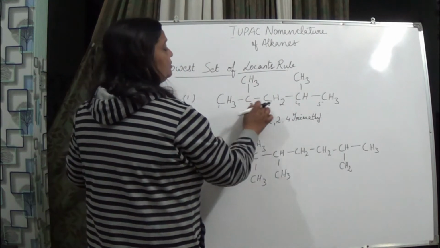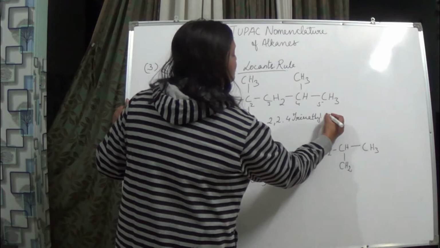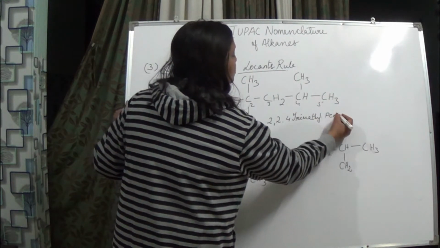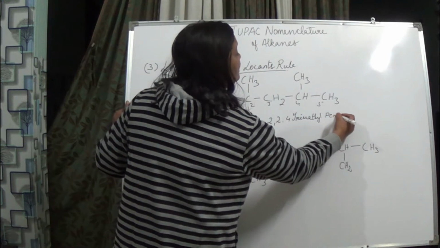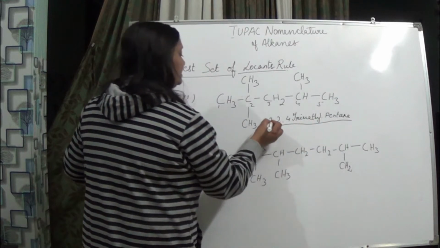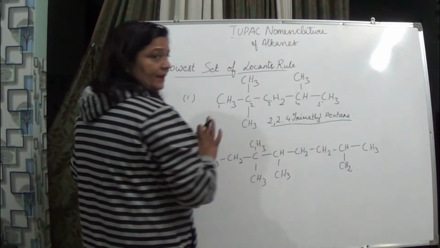What is this? 1, 2, 3, 4, 5. If it is 5, the prefix becomes pent. It is an alkane, so it becomes pentane. So the name of this compound becomes 2, 2, 4 trimethyl pentane.